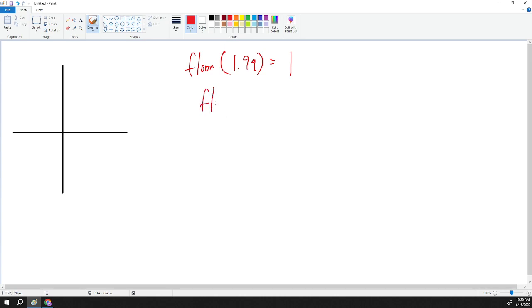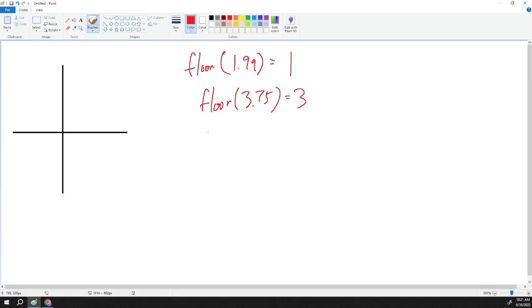Or floor of 3.75, you get 3. Garcia, 360, hold on. So close. 360 minus 360. No, negative 360. Nope.